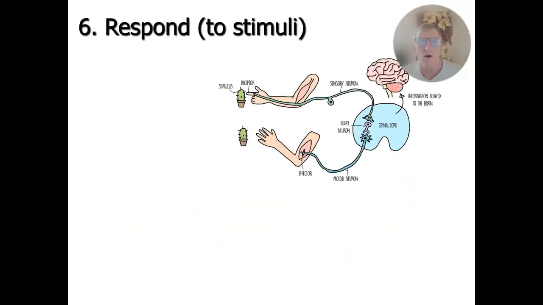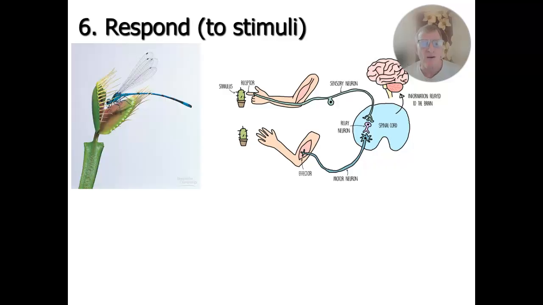Next characteristic of life, all things respond to stimuli, right? So if you ever touched a hot pan or a sharp object, you pull back immediately, you respond to that stimuli. Sometimes positively, sometimes negatively, right? So response to stimuli. Plants also respond. So here's a Venus flytrap.